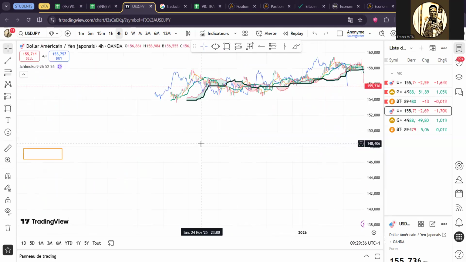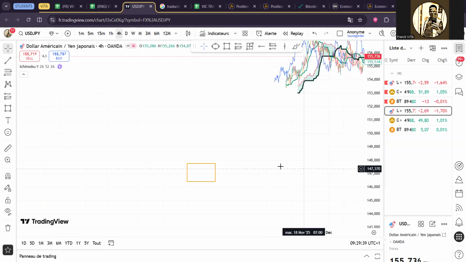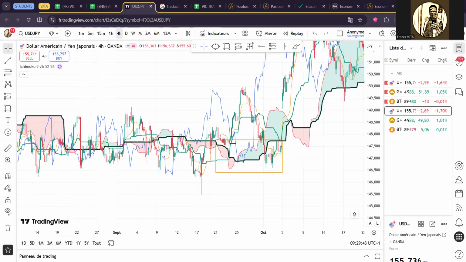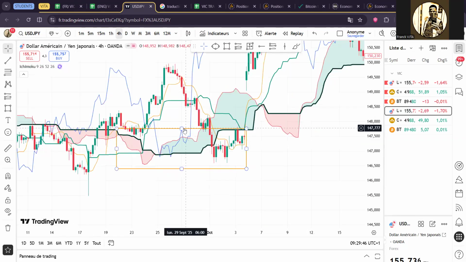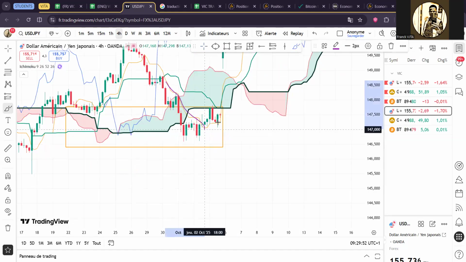When you arrive on 4 hour, what are you looking for inside this setup? Inside this rectangle of weekly, you are looking for a tenkan on 4 hour that will be bending to the upside at this level. And you then start buying from this pot.